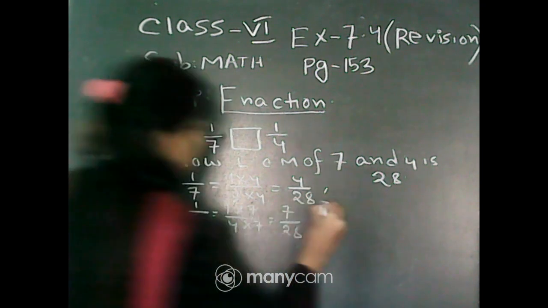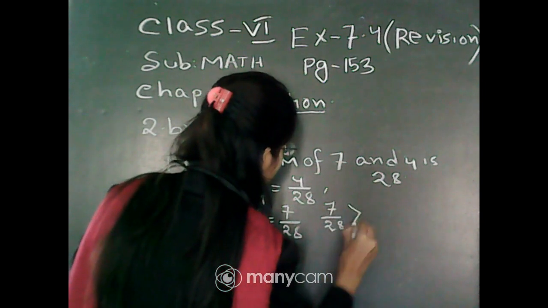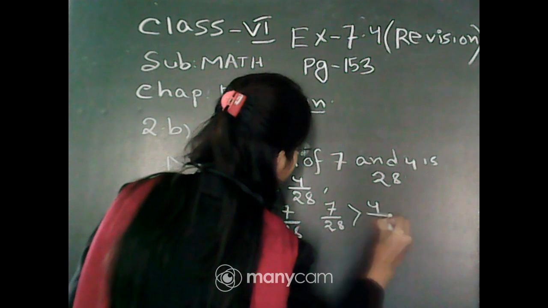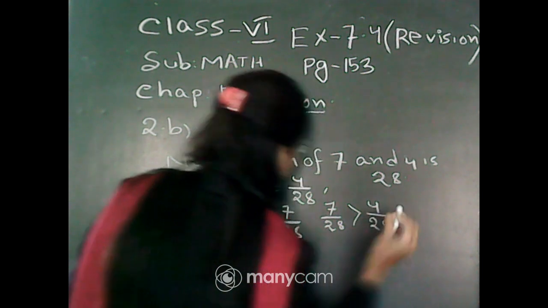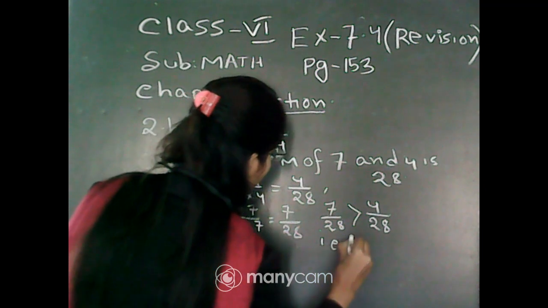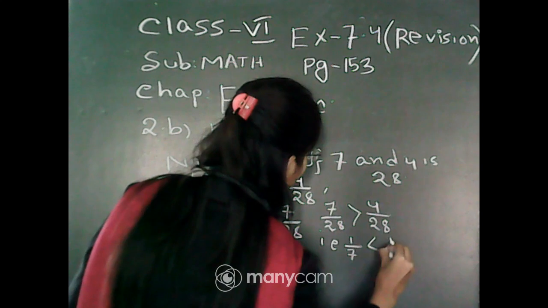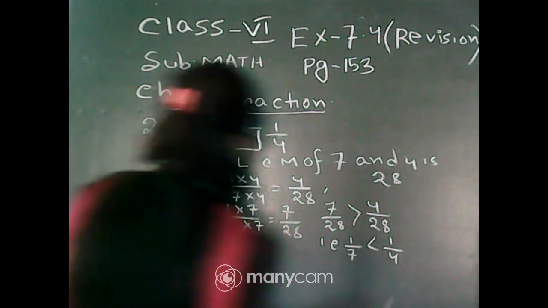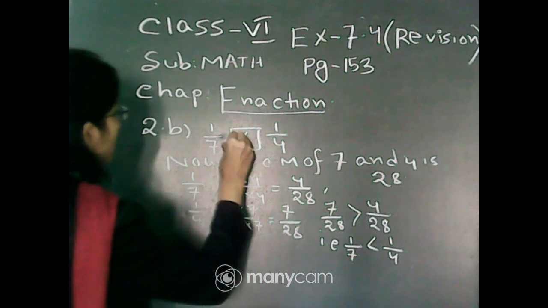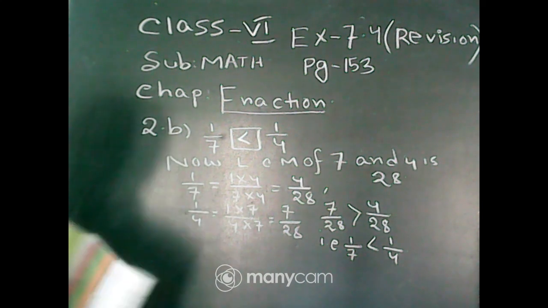Clearly, 7 divided by 28 is greater than 4 divided by 28, that is 1 by 7 is less than 1 by 4. So, here the sign is less than.